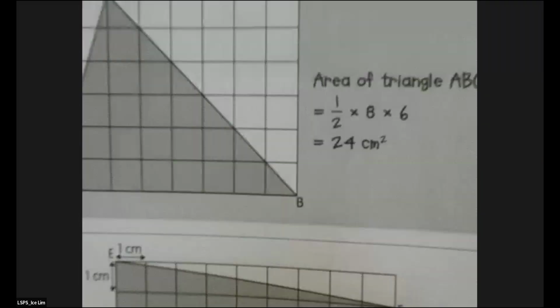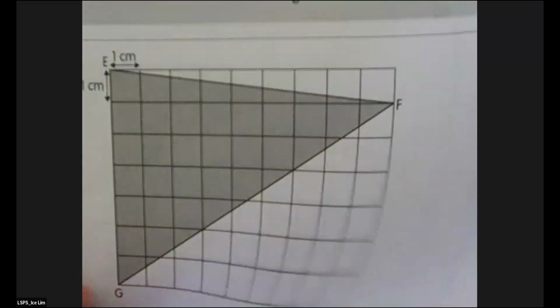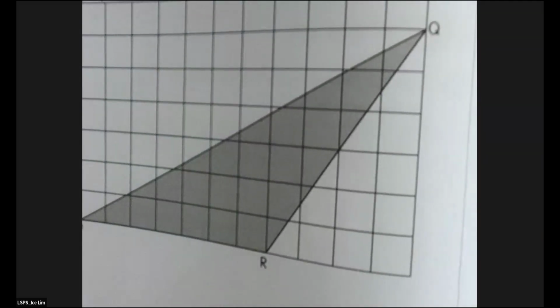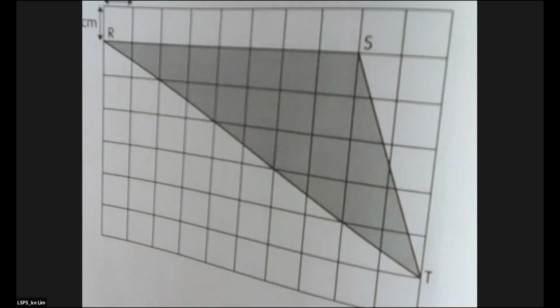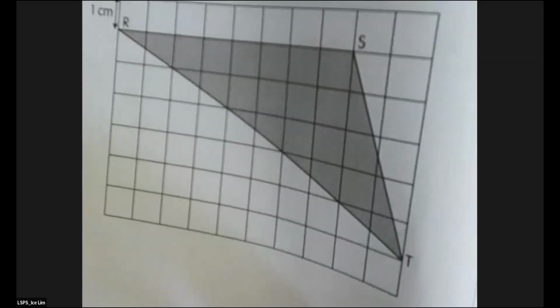Now, pages 119 and 120, I do not need you to complete the questions. I don't need you to find the areas, but I want to see the two colors, height and base. I want you to label the height and base, like how we did for the previous questions.